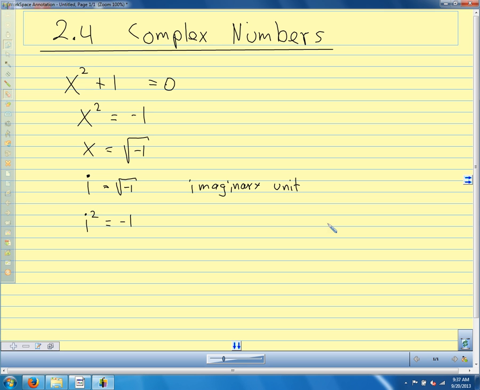The thing that I find interesting about i and the imaginary unit is it actually didn't originally come from trying to solve this equation. This is a pretty simple equation. The idea of i came from trying to develop a formula for solving cubic equations, something like the quadratic formula for cubic equations. It turns out that in this formula, which is pretty complicated, even for cubic equations that have all real solutions, you end up taking the square roots of negative numbers.